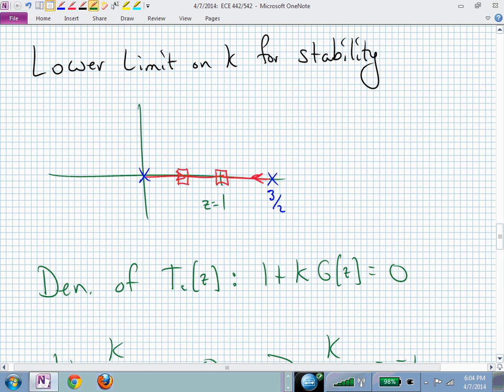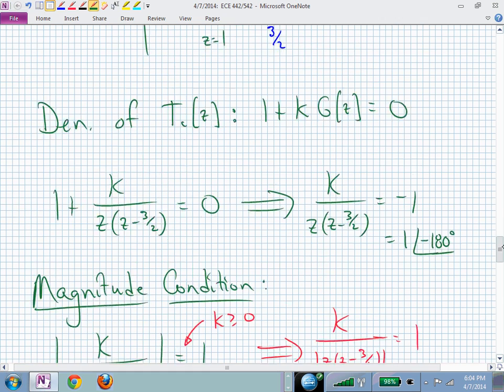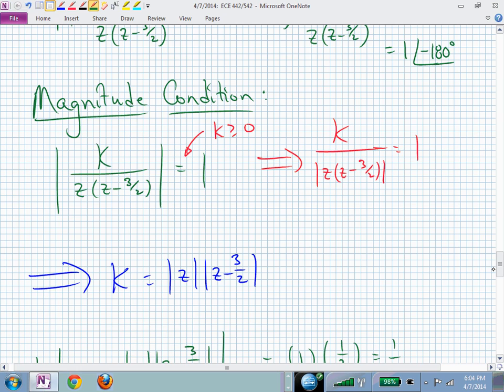We could put in a bunch of z values between 0 and 3/2 and see if we find a relative maximum in that k formula. And you could do that with your calculator, couldn't you? You know what's going to happen at 1. You're going to get a k of 1/2.